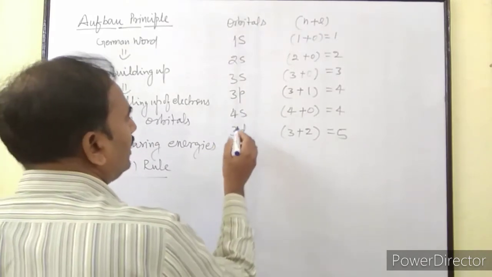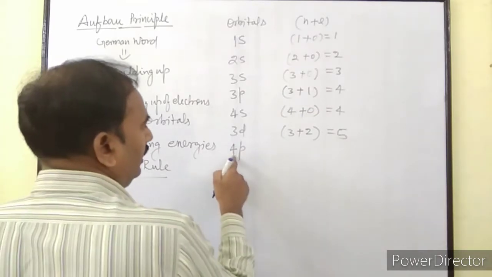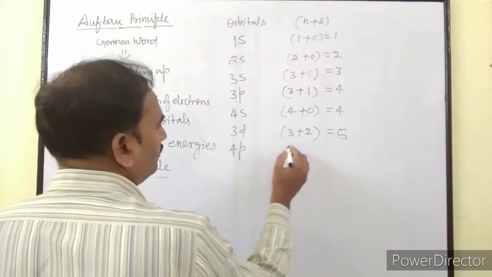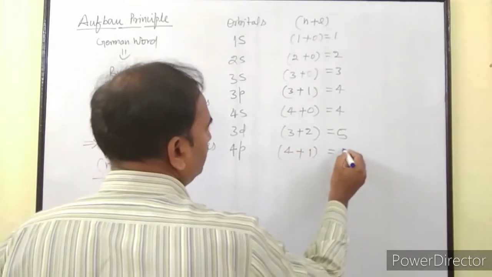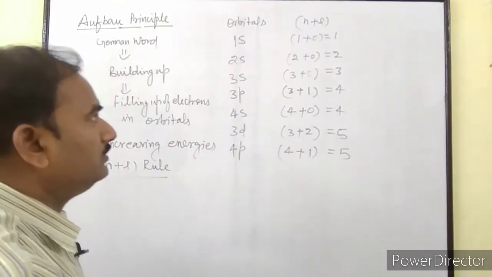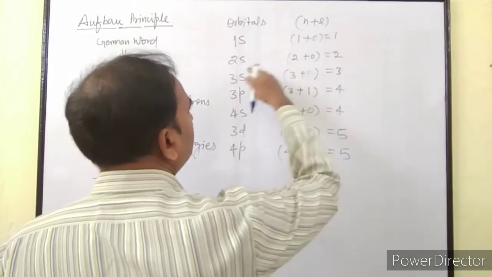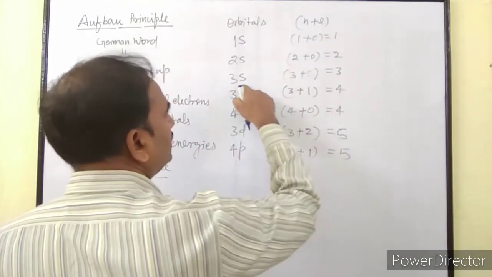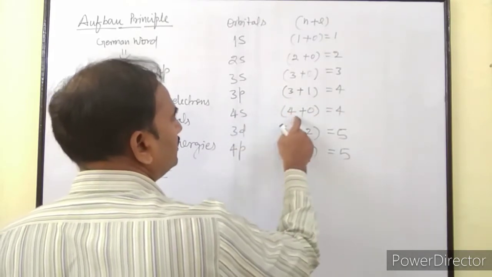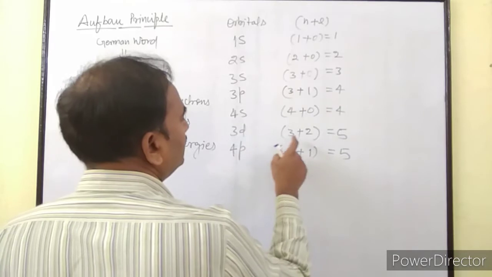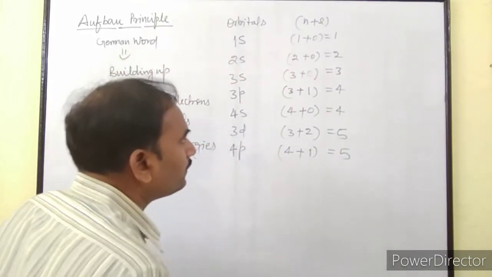Again we can write here 4p, and n for 4p is 4 and L is 1. So this will be 5. Here you can see 1s n plus L equal to 1, 2s n plus L equal to 2, 3s n plus L equal to 3, 3p n plus L equal to 4, 4s n plus L equal to 4, 3d n plus L equal to 5, 4p n plus L equal to 5.